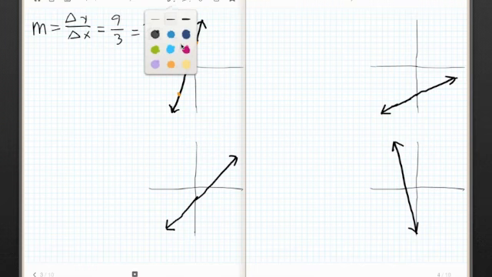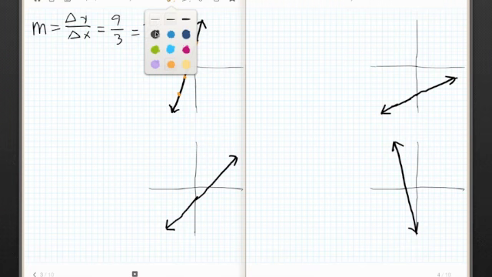That would have been true if we had picked points that were closer together, which is usually easier. Let's say we pick this point here and that point there. Same thing, we see that y goes up by 3, x goes up by 1, which would still be a slope of 3 over 1, which is 3.